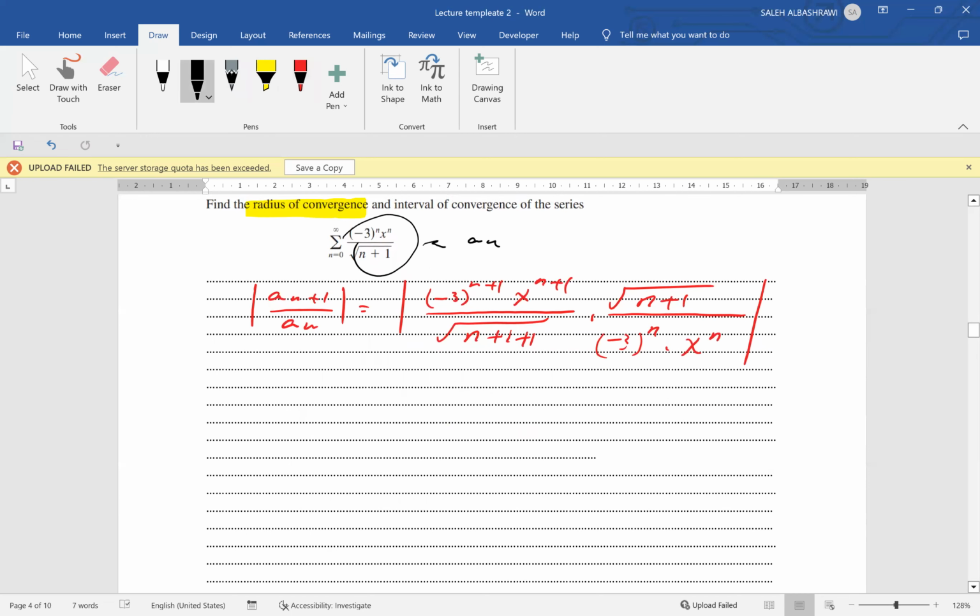Simplifying this, x to the power n plus 1 divided by x to the power n will be only x. And (minus 3) to the power n plus 1 over (minus 3) to the power n, I will have only minus 3. So this is equal to minus 3 multiplied by x times the square root of n plus 1 divided by the square root of n plus 2.